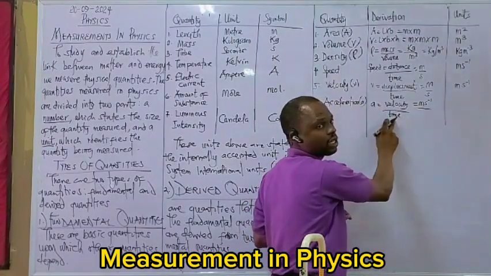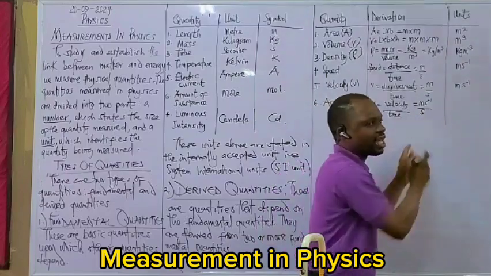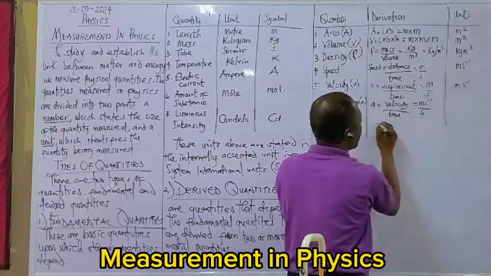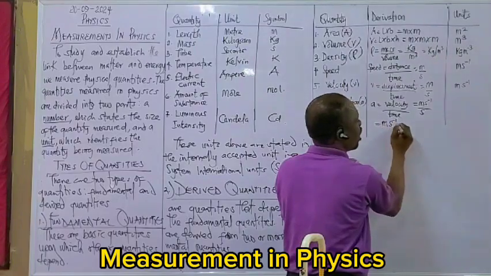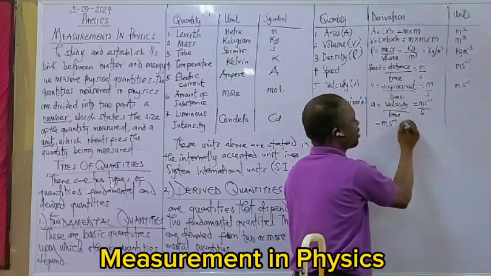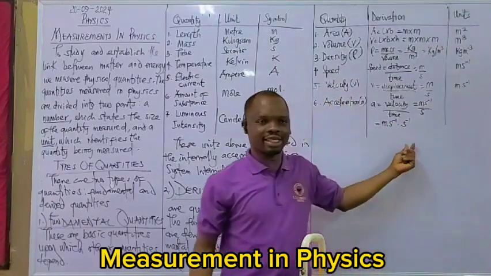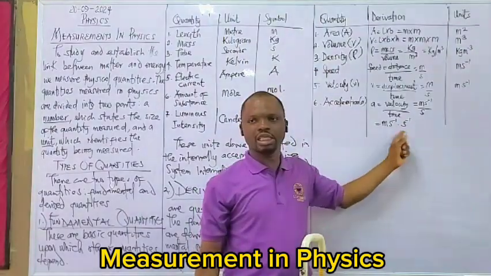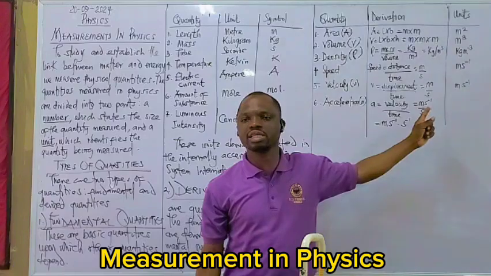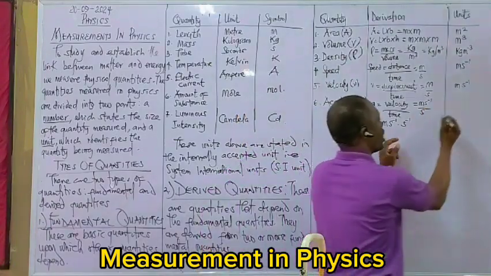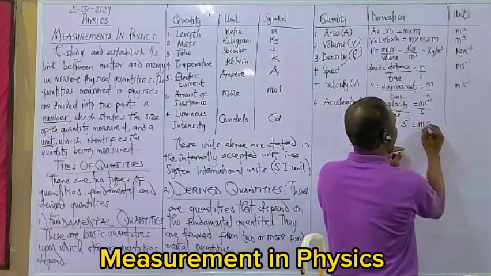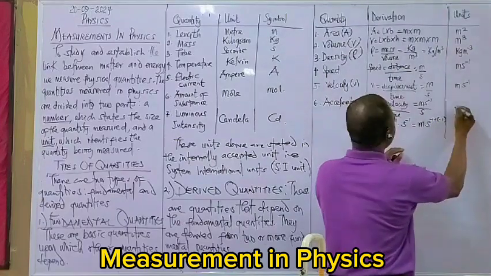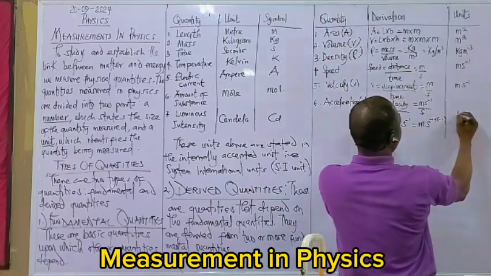What's time? Seconds. When this seconds comes up, it becomes ms raised to minus 1 times s raised to minus 1. According to indices, when you have two of these and they have been multiplied, you add up the indices. So this will become ms raised to minus 1 plus minus 1.